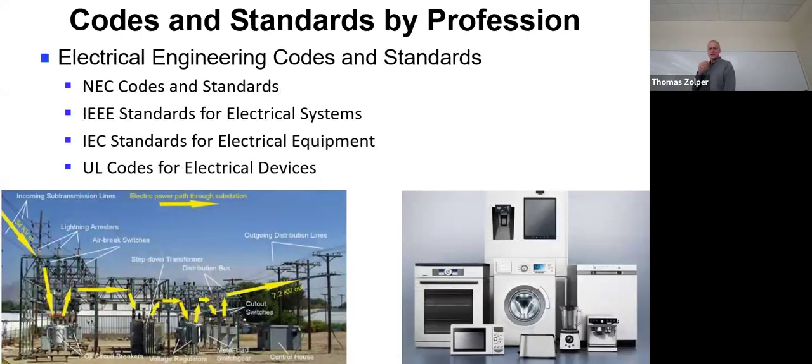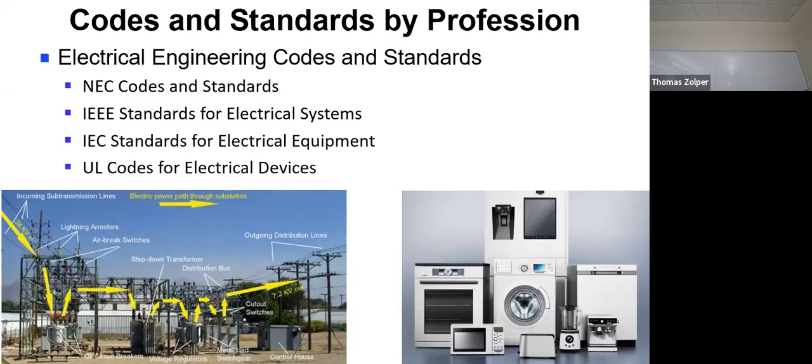Likewise, electrical engineering is subject to the codes and standards of the National Electric Commission, IEEE, and I think it's the International Electric Code, at least if their products are being built, manufactured, or sold internationally. And then Underwriters Laboratory as well.